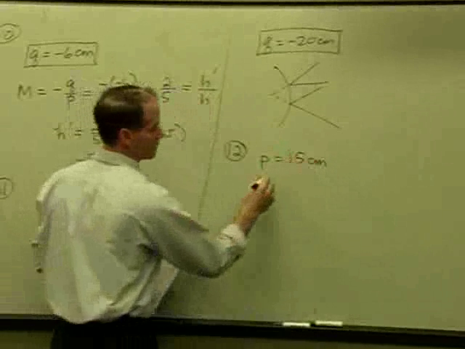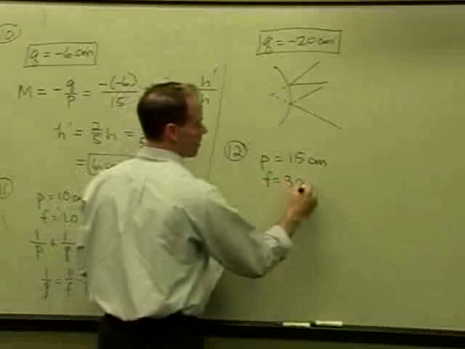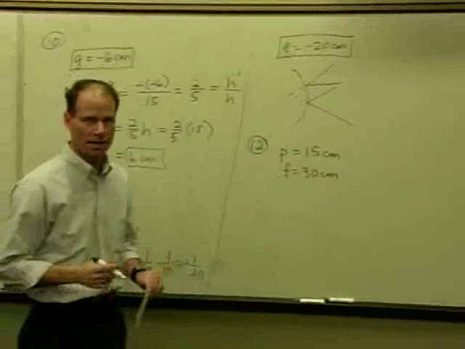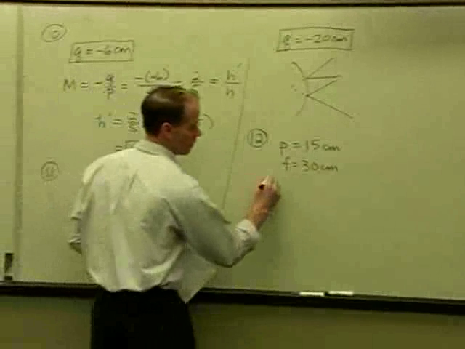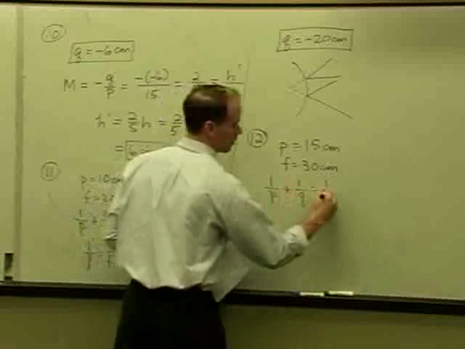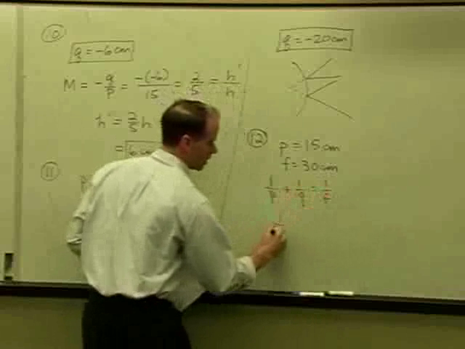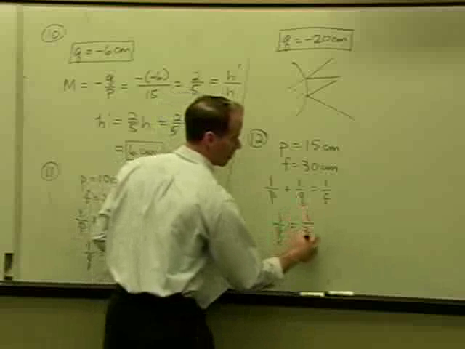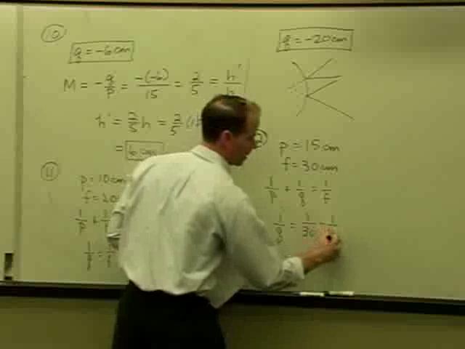Focal length is given as 30 centimeters. We want to find the magnification. Let's find the image distance first. So 1 over p plus 1 over q equals 1 over f. So 1 over q is going to equal 1 over 30 minus 1 over 15.